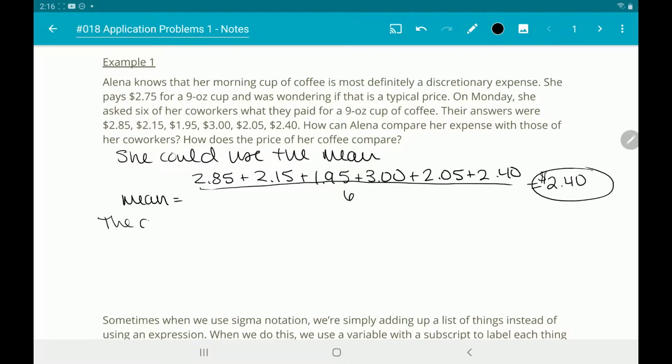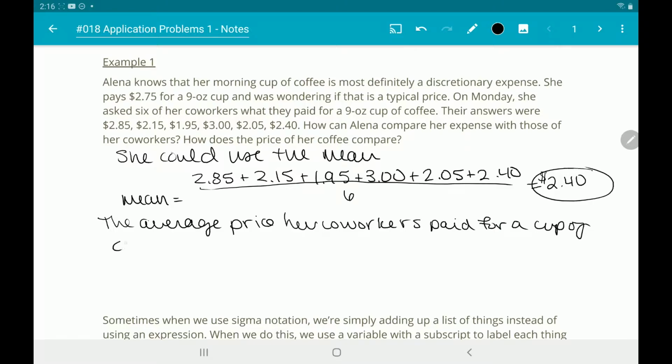So the average price her coworkers actually paid for a cup of coffee was $2.40.